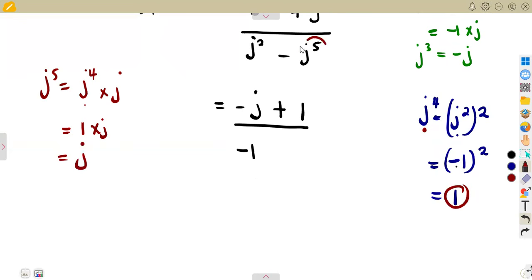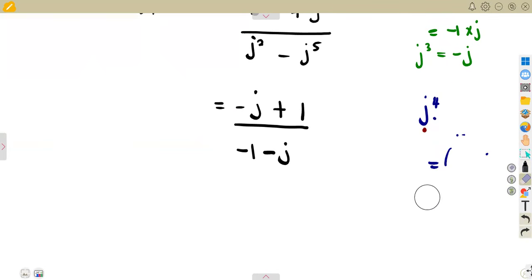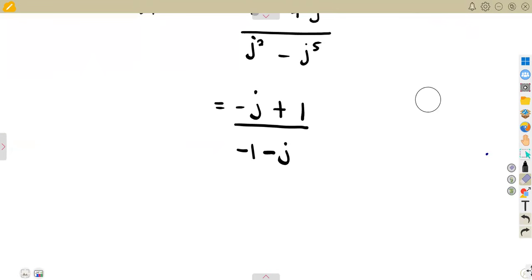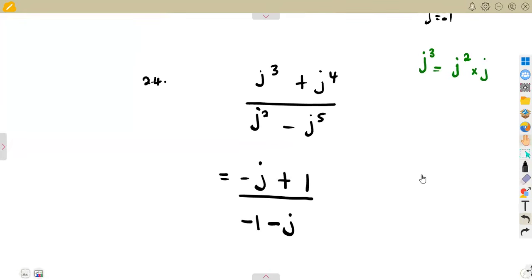So in place of j to the exponent of 5, we have a j, so this is minus j. In place of j to the exponent of 5, the answer in simplest form is j. This is what we are used to. So instead of having exponents of 5 that we do not understand, let's simplify to the simplest form.